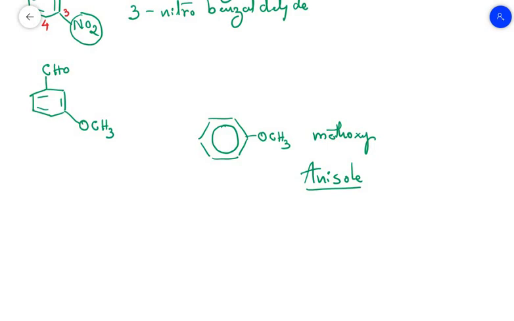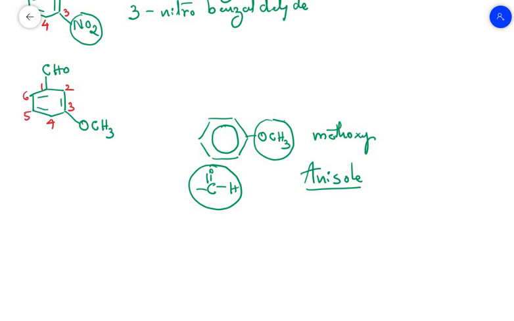But when this functional group is present along with the aldehyde, that is C double bond O, then the aldehyde will have greater priority when compared with the methoxy group. Under such condition, the methoxy group acts as a substituent. So again we have to give numbering for the aldehyde group first, that is 1 here, then 2, 3, 4, 5 and 6.